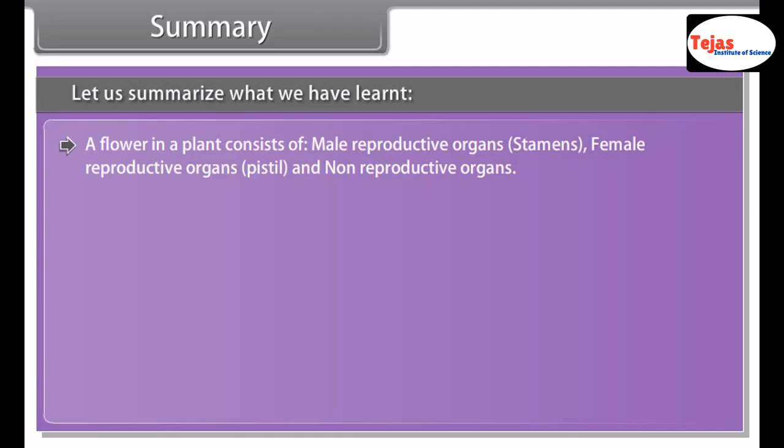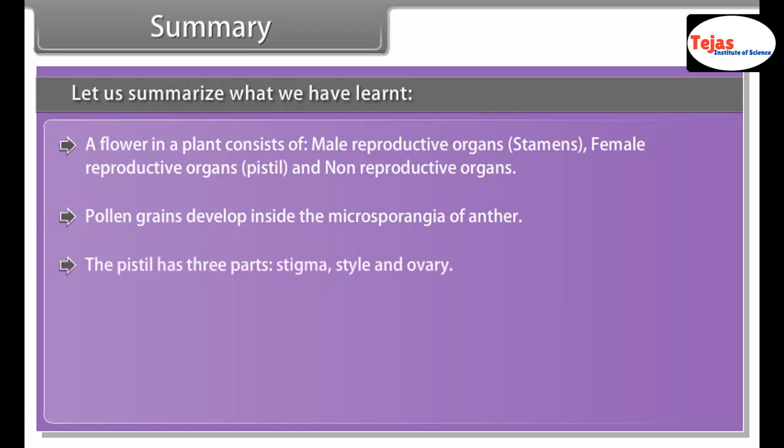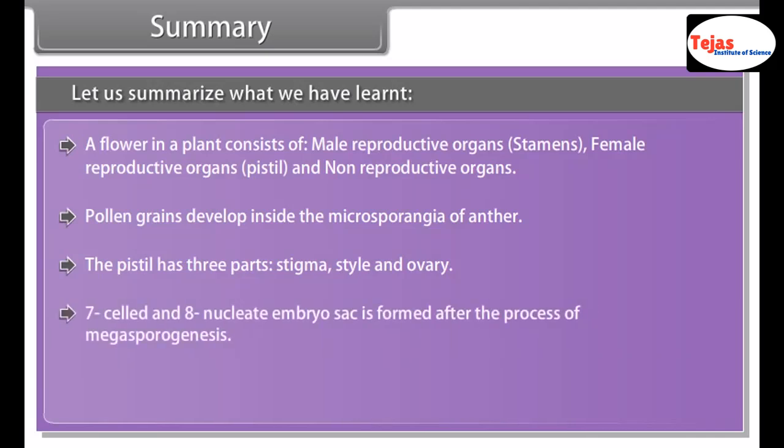Summary. Let us summarize what we have learned. A flower in a plant consists of male reproductive organs, stamens, female reproductive organs, pistil, and non-reproductive organs. Pollen grains develop inside the microsporangia of the anther.